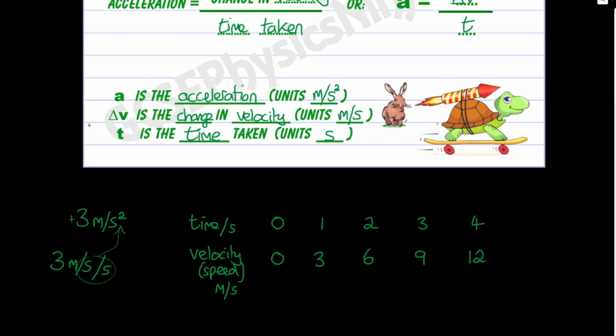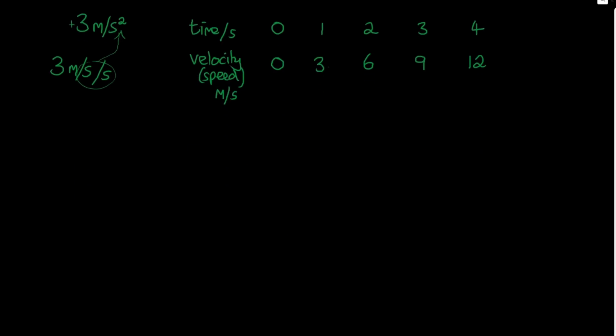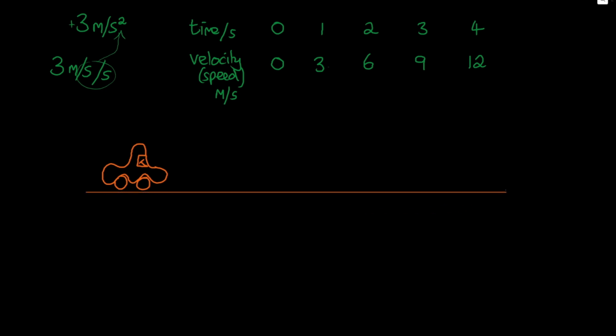Okay, so let's take a little look at an example. So perhaps we have got a car. Here's my sombrero car. And it is speeding along at a speed, let's say it is going along at 15 meters per second, and a rough conversion to miles per hour is to multiply by 2.